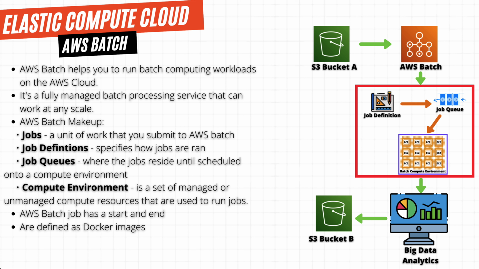For example, let's say that you have raw files in bucket A that need to be processed by your application running in a Docker container. Well, you connect your S3 bucket to the AWS Batch service, and you can configure the batch job to run based on when the files are scheduled to be uploaded.